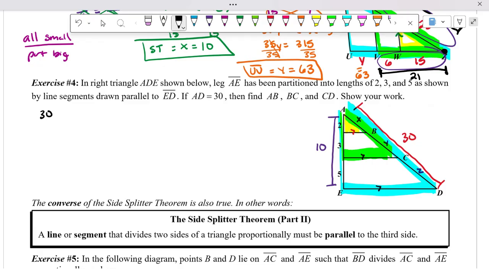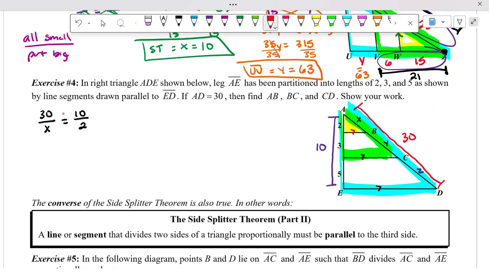So I have 30 over 10. Actually, let's do 30 over x. It'll be equal to what? 10 over what? What's the corresponding side of 10 on the yellow triangle? 2.